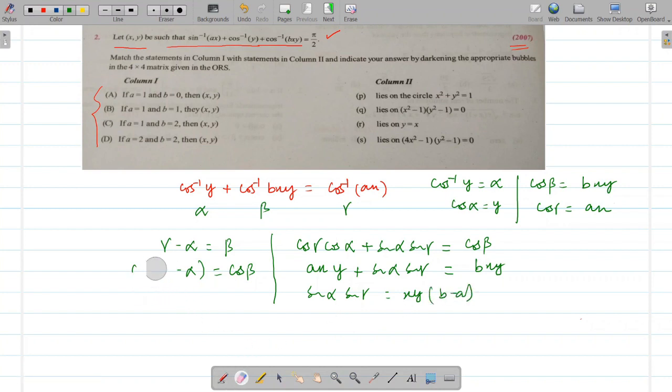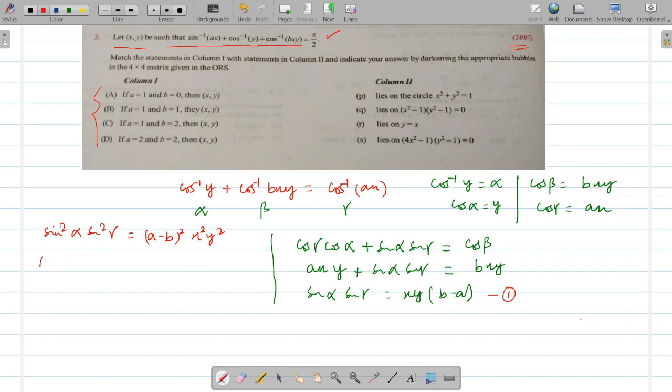Now squaring both the sides. Why am I squaring? Because after squaring, sin square alpha can easily be converted to cos square alpha, and similarly sin square gamma, and those values of cos alpha and cos gamma we already know. Squaring this equation, let's call it 1, we get sin square alpha into sin square gamma is equal to (a minus b) whole square x square y square.